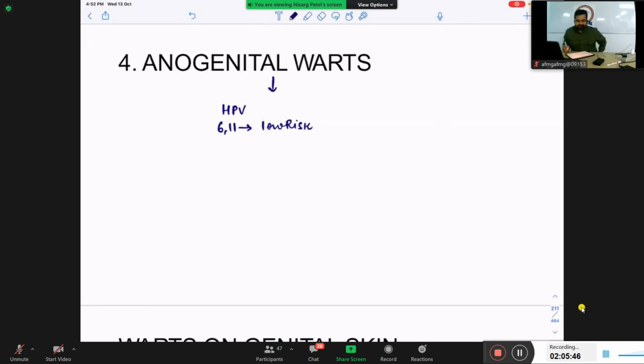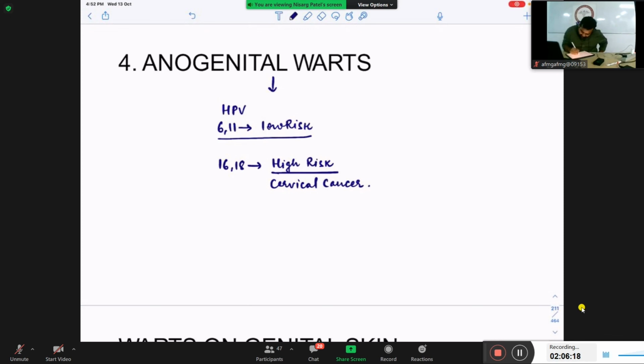These are the low risk viruses, whereas 16 and 18 are the high risk viruses. Which cancer? Cervical cancer.